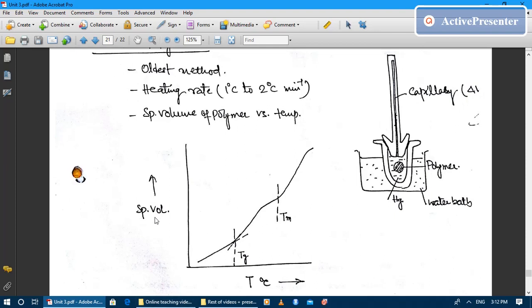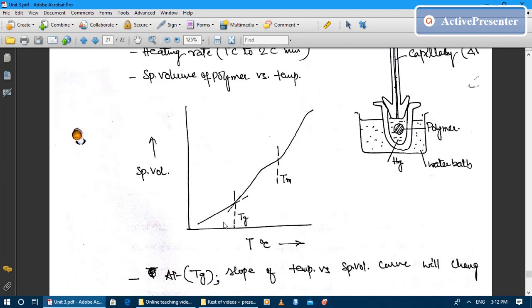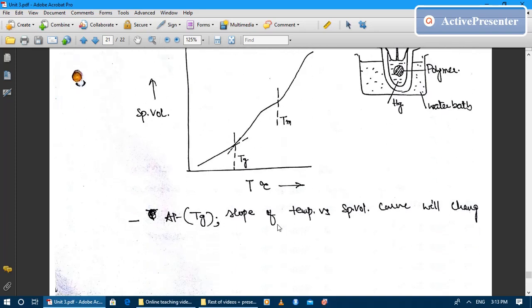So you can plot a specific volume, delta V, versus T curve, and you will observe that this curve will change its slope first near the glass transition temperature, and it will change its slope again for the second time near the melting point of the polymer. So easily you can find out the glass transition temperature and the melting point from this dilatometry experiment.